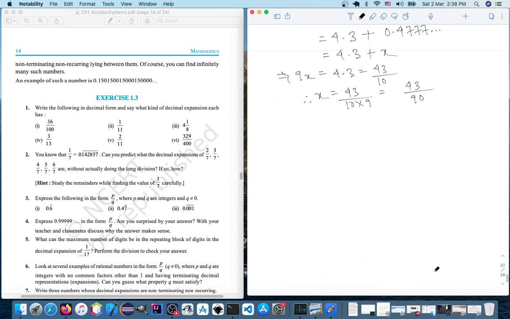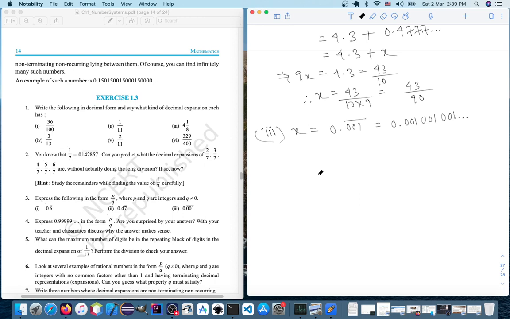Let's do 3. Given the number is 0.001 bar. Over here the repeating block of digits is 001 and we have 3 digits. So this is basically 0.001001001 and so on.